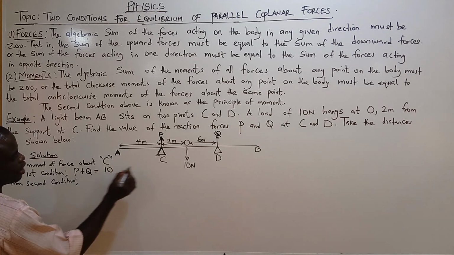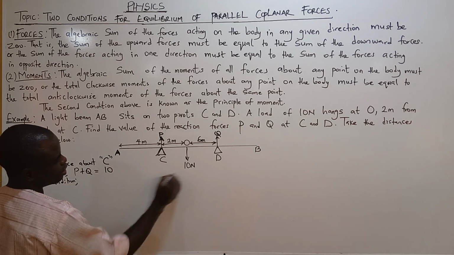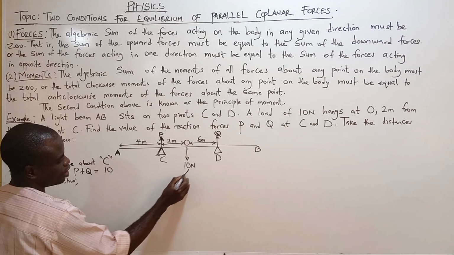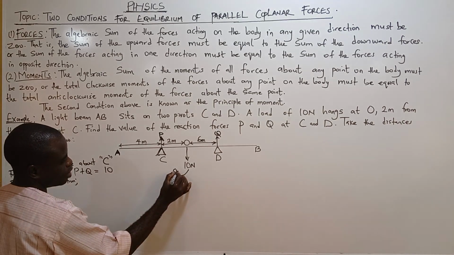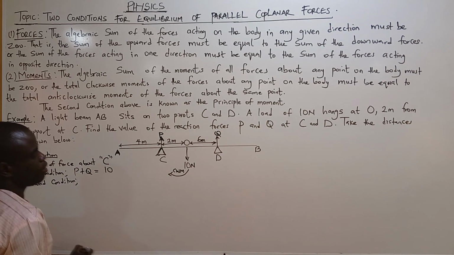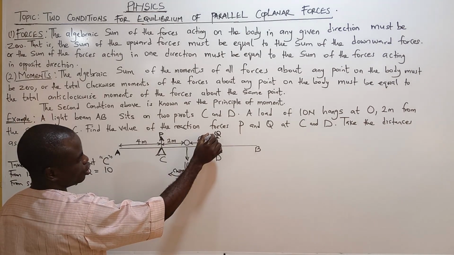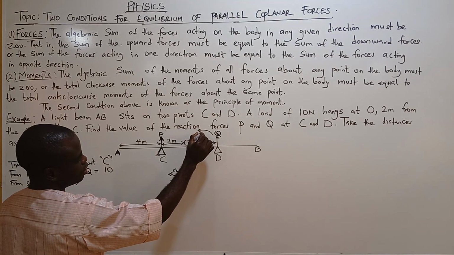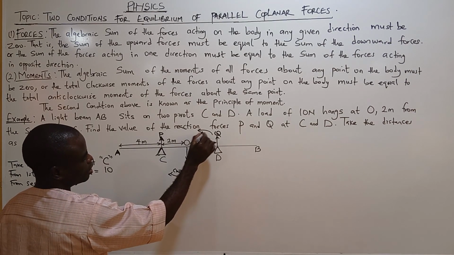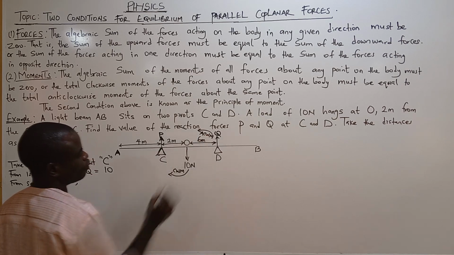When you are taking moment about C, the clockwise moment is moving toward the right. You have a 10. That's the clockwise moment of force. You can see this force Q is moving toward the left, an anticlockwise moment of force.